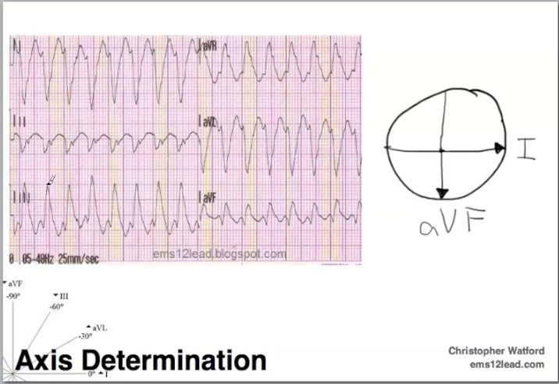In this one, we have a broad complex tachycardia. It appears to be fairly rapid, somewhere between 150 and 300, probably around 200 and 230. It is down in 1 and up in AVF.